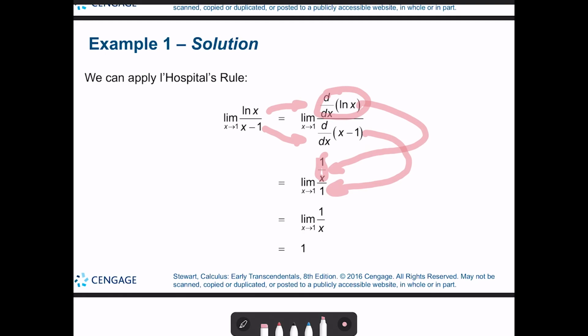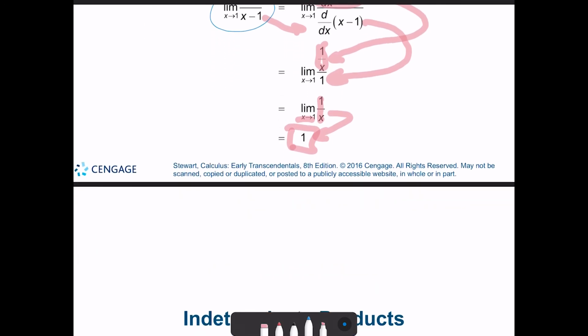So 1 over x divided by 1 is the same thing as 1 over x, and we're evaluating this limit as x approaches 1. Can we perform direct substitution now? We absolutely can. We get 1 over 1, which is equal to 1. And so we have evaluated the limit of this quotient, which initially was in an indeterminate form of 0 over 0. I'm so proud of you guys.